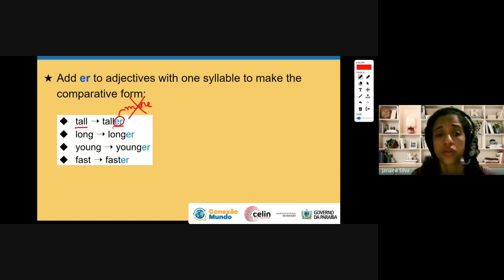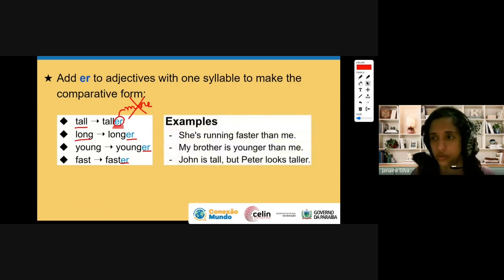Instead, use ER. Tall becomes taller. Long, longer. Young, younger. Fast turns to faster. Please read some examples. She's faster than me. My brother is younger than me. John is tall, but Peter looks taller.